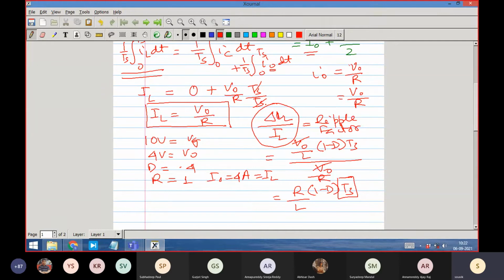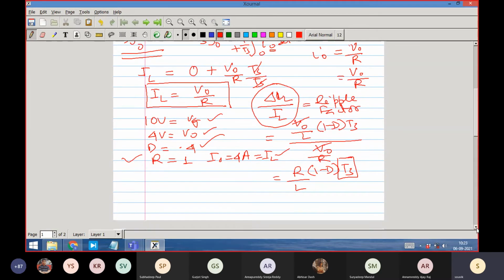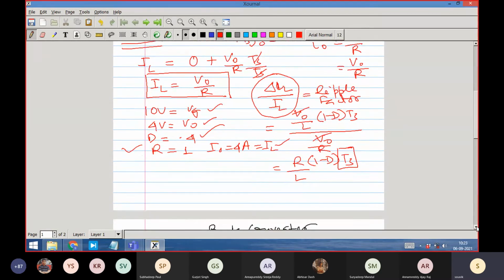You cannot choose D. The moment Vg and V0 are specified, D is given to you. R also you cannot choose, so essentially IL is also decided. What you can choose now is the switching period or the switching frequency, and corresponding to it, the value of the inductor that you require.